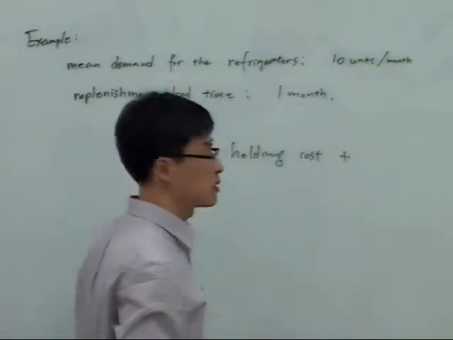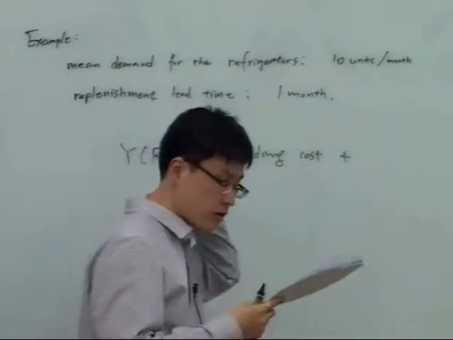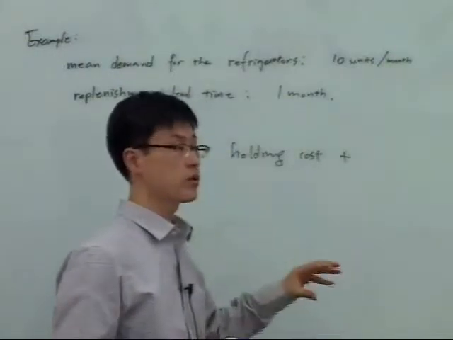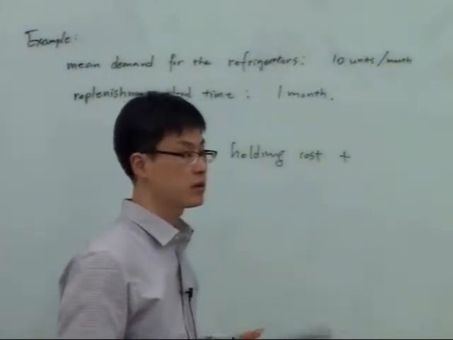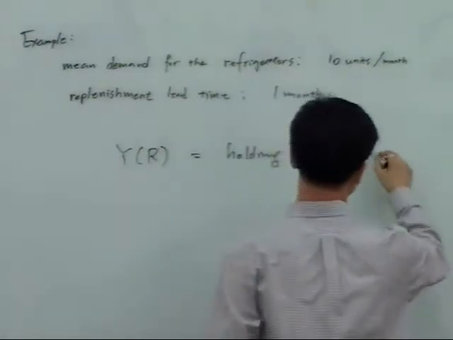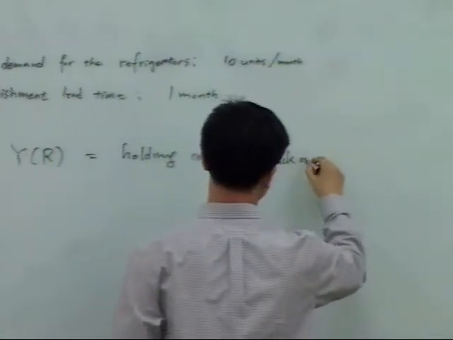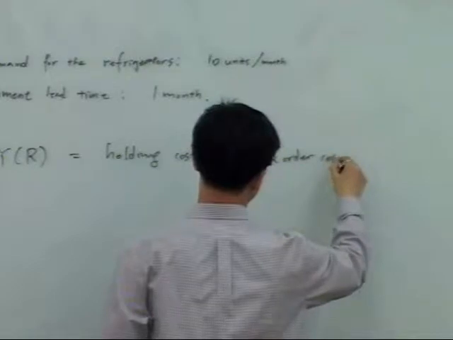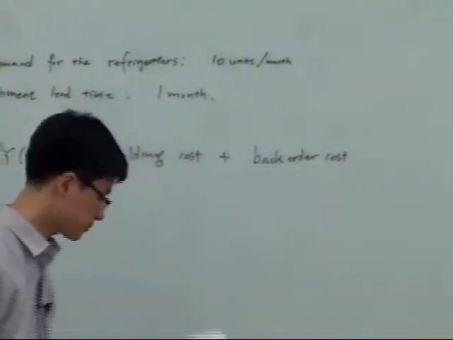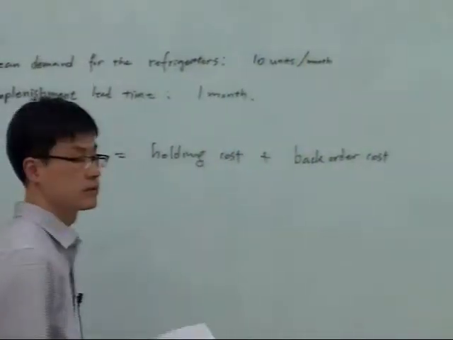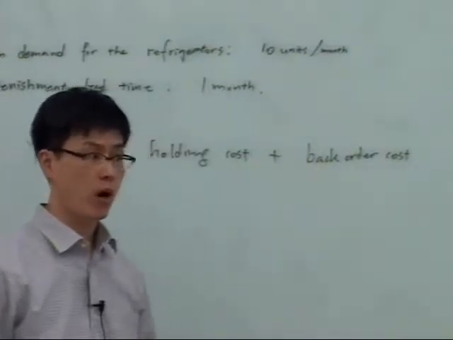But in this base stock model, we are comparing holding cost, which is the inventory cost, plus back order cost. Let me ask why.